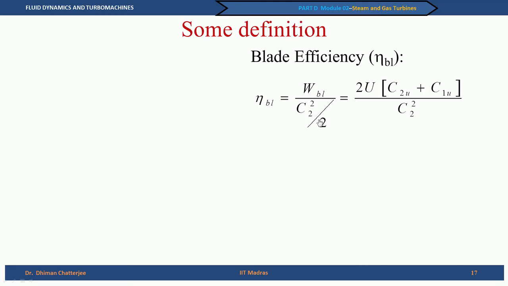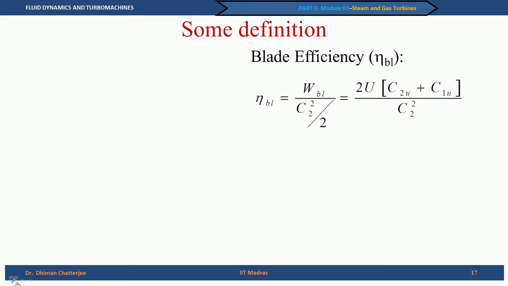In case of the Pelton turbine, we talked about the jet velocity C j, which is our C 2, which comes out with a high kinetic energy. In this case, the steam comes out of the nozzle with C 2 square by 2 as kinetic energy per unit mass. So, we can write now 2 u times C 2 u plus C 1 u.